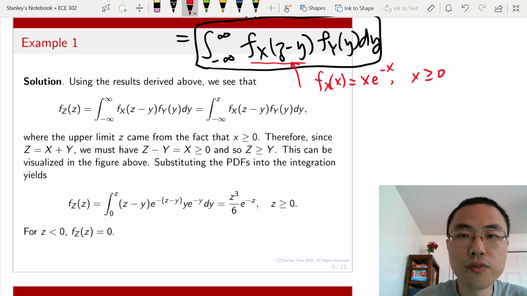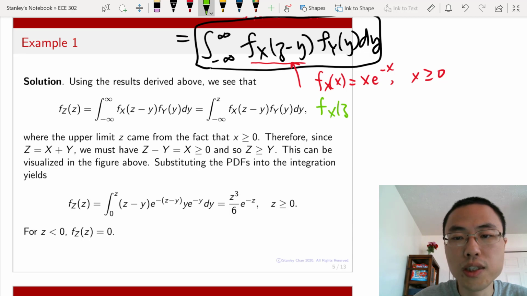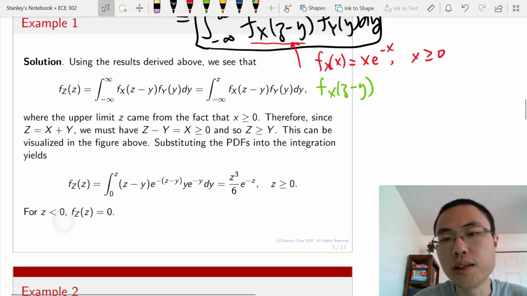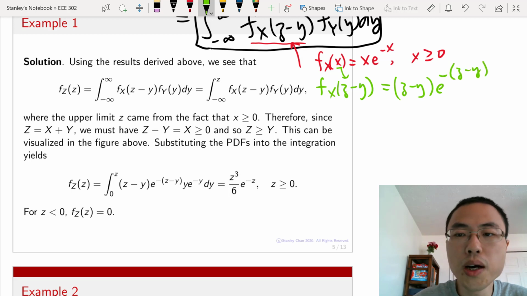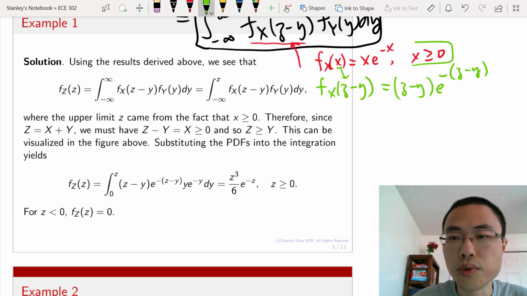If you want to have fx of z minus y, just replace x by z minus y, and you have z minus y times e to the minus (z minus y). That's clear, but don't forget about this range. This range says that x is bigger than 0, so z minus y has to be bigger than 0.